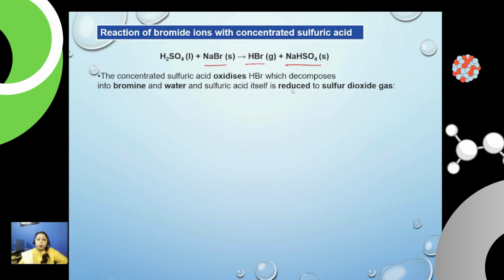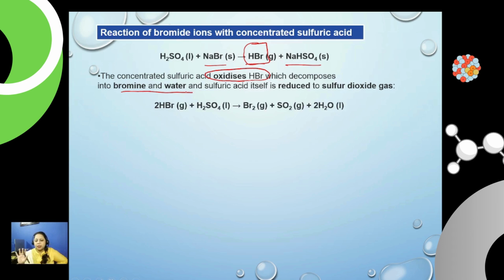But when we add more concentrated sulfuric acid, it oxidizes HBr. It means the reaction won't stop here. It will move one step further. And what is that step? The sulfuric acid oxidizes HBr into bromine and water.